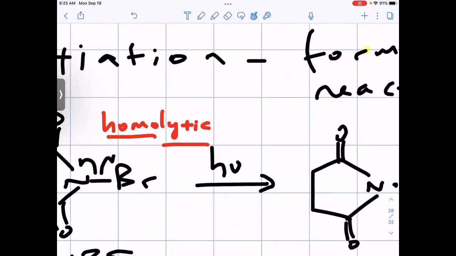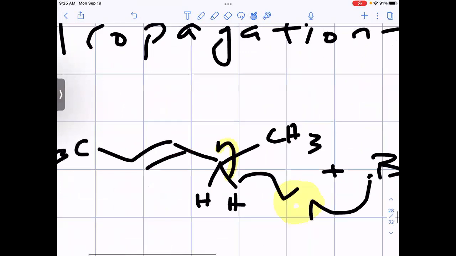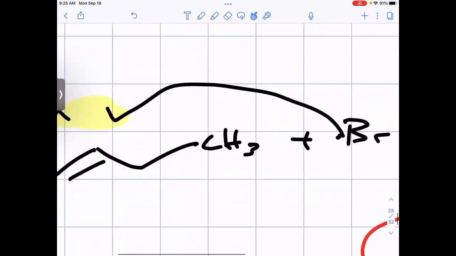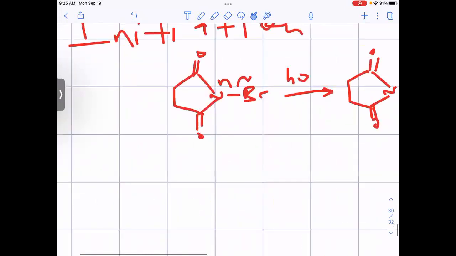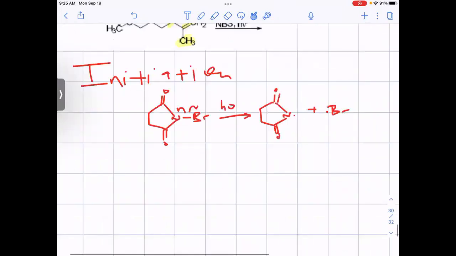Just like if you bring two radicals together, it's homogenic. Lytic means to cut or to break. Genic means to form. All right, let's go back to here. So we got the initiation step out of the way. What's the next step in a radical chain reaction? The propagation.